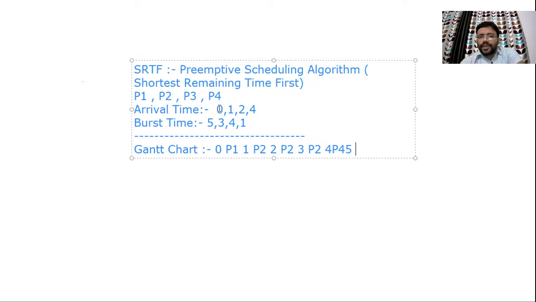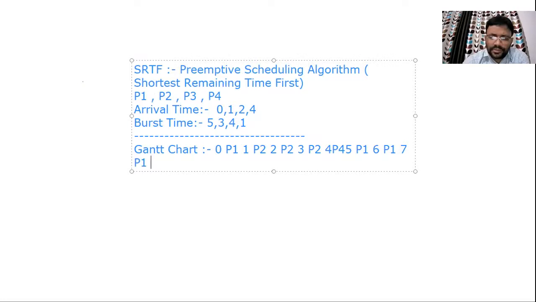Here P1 has arrival 0, which is earlier, so we take P1 into consideration. So P1 runs from 5 to 6, then 6 to 7, then 7 to 8, and then 8 to 9.